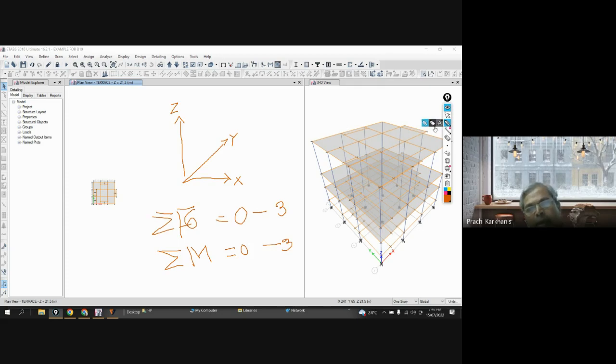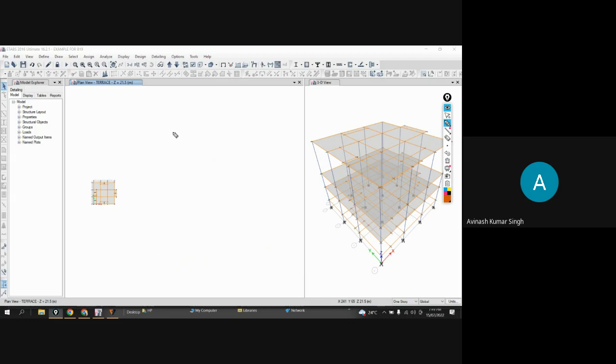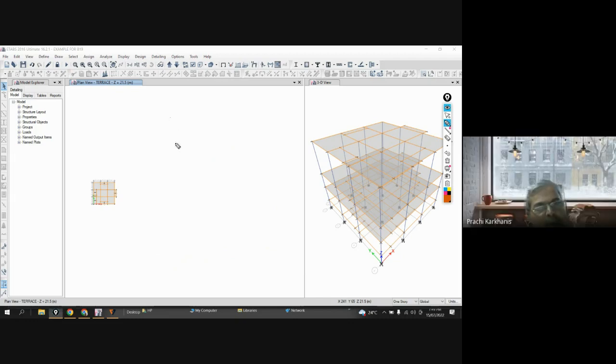So in case of 3D, now our structure is in a 3D direction. That means we must get 6 equilibrium conditions at every point, right? Yes or no? Yes, sir. And let us see all that. If I draw, please try to understand it completely so that you will not forget.